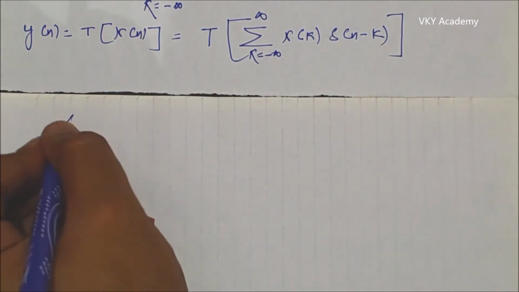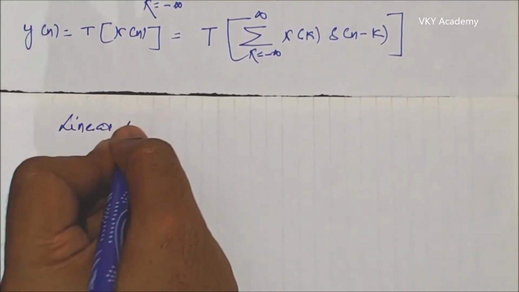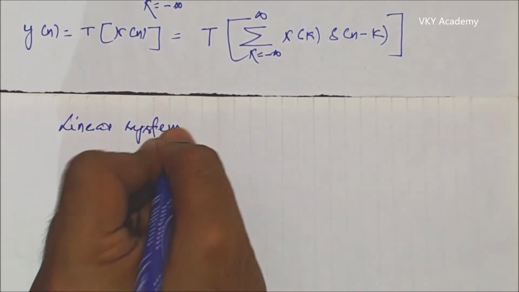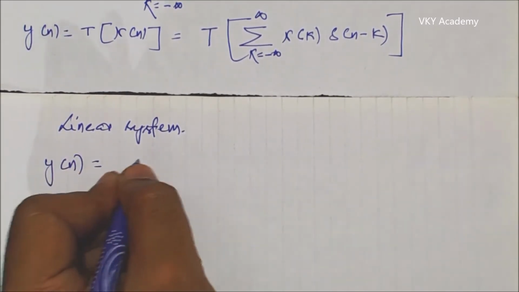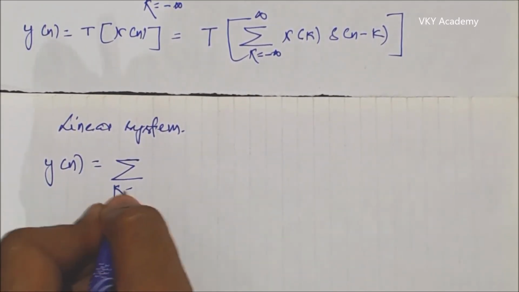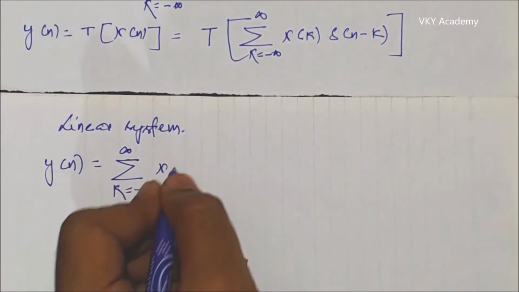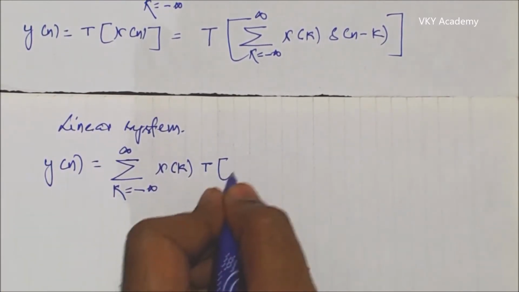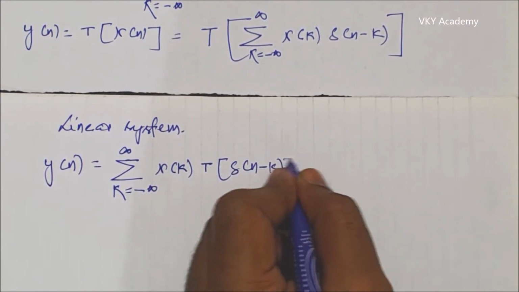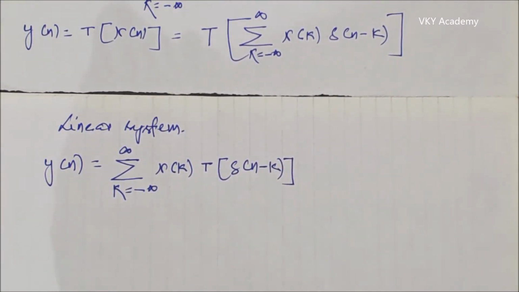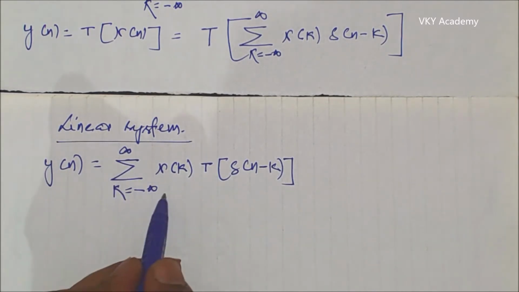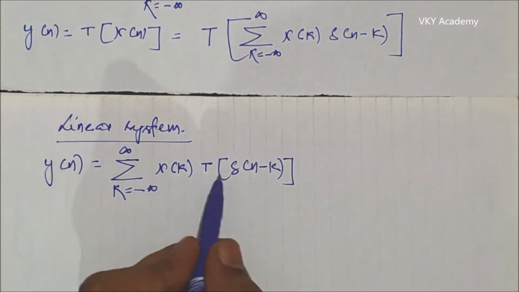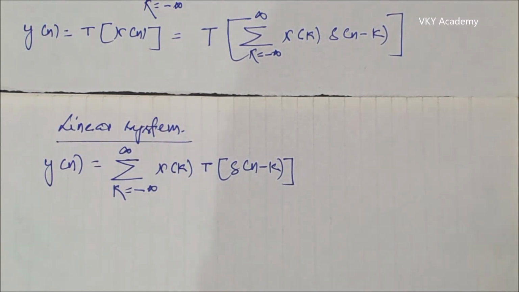Now for a linear system, this equation reduces to y of n equals summation k equals minus infinity to infinity x of k T of delta of n minus k. Because as per the concept of linearity, the output due to a weighted sum of inputs is always equal to the weighted sum of outputs. So for a linear system, y of n equals summation k equals minus infinity to infinity x of k T of delta of n minus k.